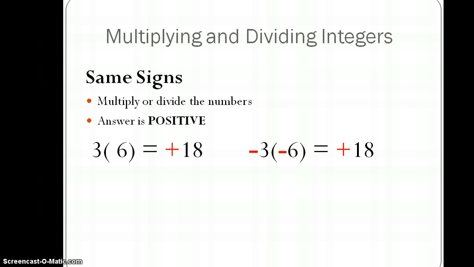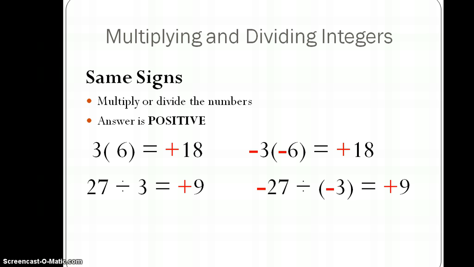Negative 3 times a negative 6. That's two negative numbers, and 2 is an even number. So they cancel each other out and you end up with 18. The two negatives being multiplied together gets you a positive answer. Same thing with division.